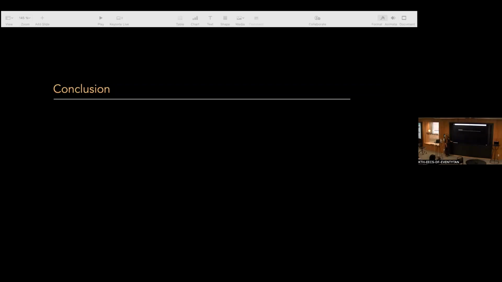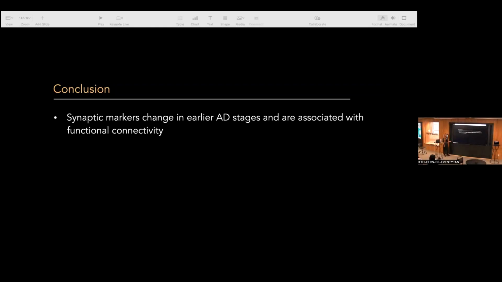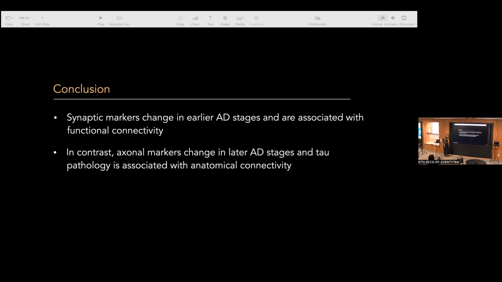So to summarize, in this study, we found that synaptic markers change in earlier stages of the disease, being associated with functional connectivity, whereas the axonal markers change in later stages, being associated with tau pathology, which in turn is associated with loss of anatomical connectivity.